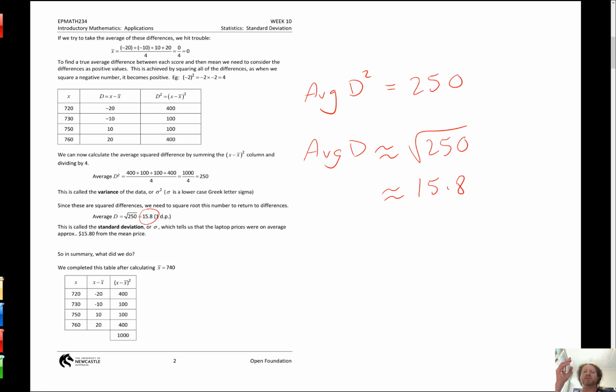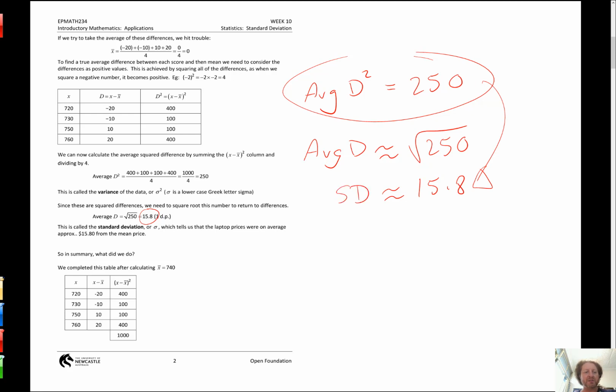Okay, so this is how we calculate it. Every single standard deviation, when we use the standard deviation button on the calculator, or the mode on the calculator, yeah, that's what it does. It gets every score, takes away from the mean, squares it, finds the average of all the squared ones, and then square roots it, and that average distance is our standard deviation.